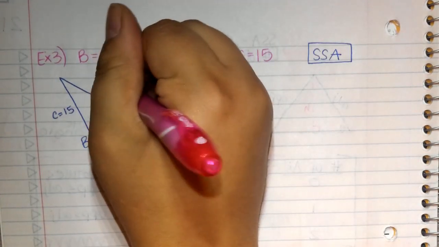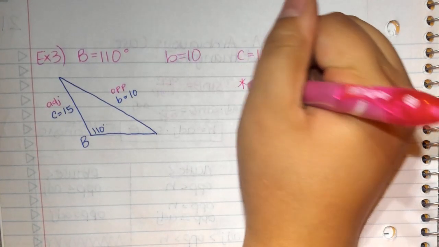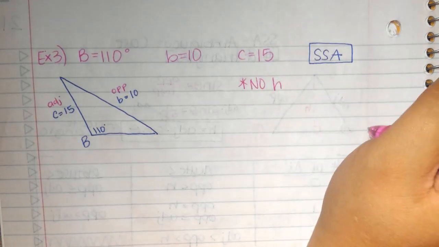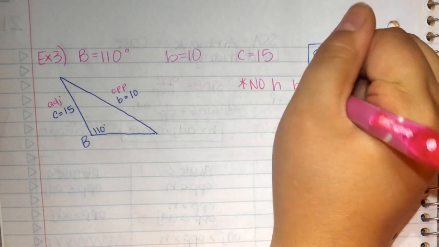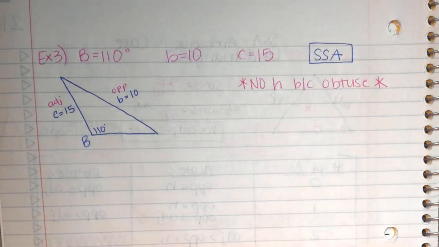So I'm going to label my opposite and my adjacent. What do I know? I'm not going to find the height here. Why? Because it's obtuse. On my chart for the obtuse angle, there was no h at all. We like obtuse angles. So how many triangles are here? 0 or 1?